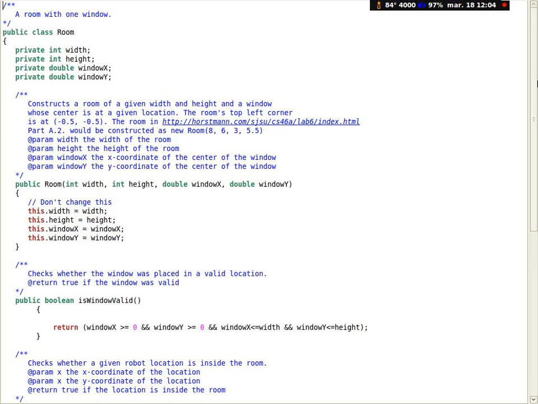Can we turn off one light? Yes. And I can maybe also make it bigger.